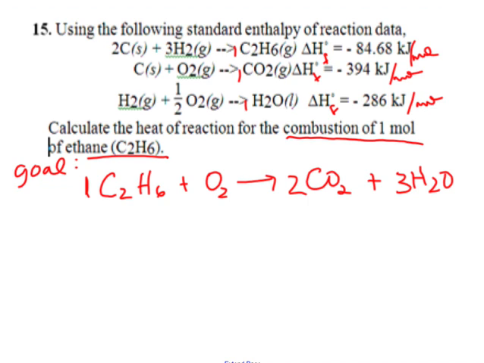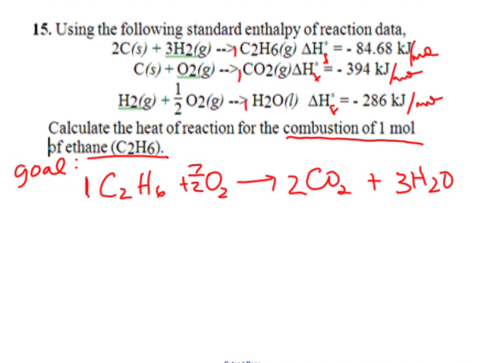I can't times by 2. Why can't I times by 2? We have to combust 1 mole. So I'm going to put what here? 7 halves. This is where the fractions are going to end up being necessary at times. Okay? We got to combust just 1 mole. All right, so now we have our goal, and now we can manipulate all the equations.